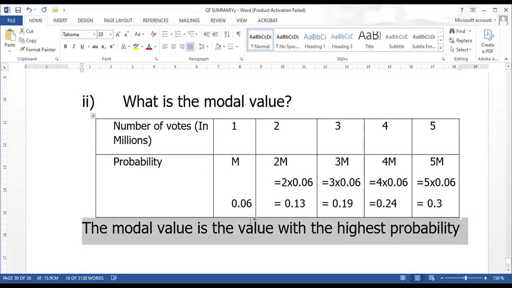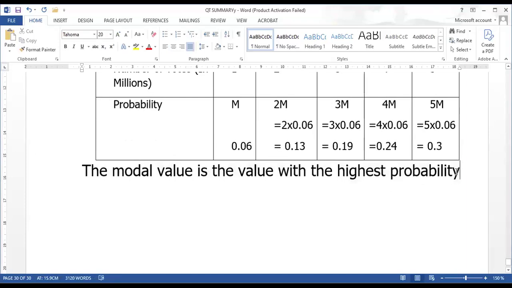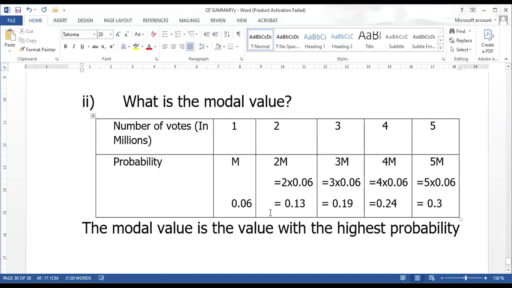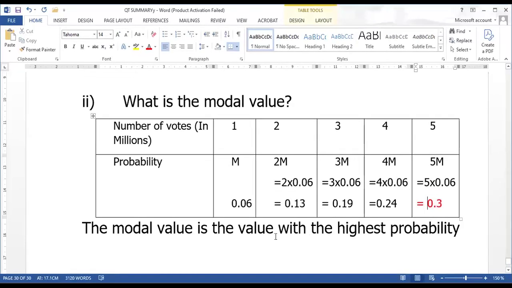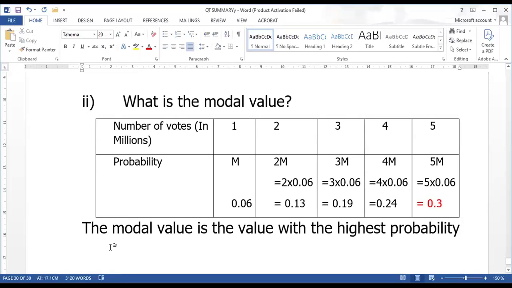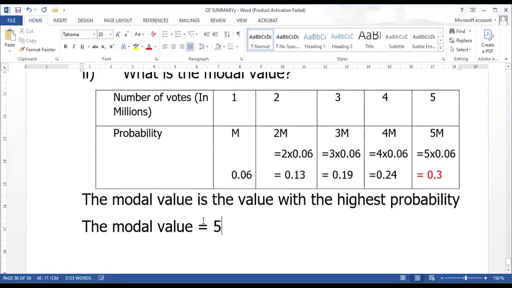What is the highest probability? Where you have a higher probability, it's here. So the modal value, the one that gives you that probability, is equal to 5. That is the modal value.